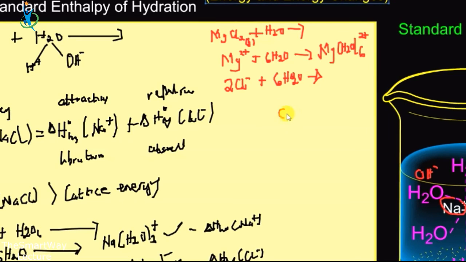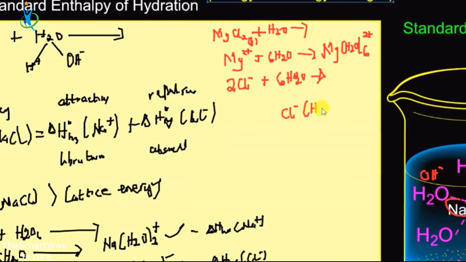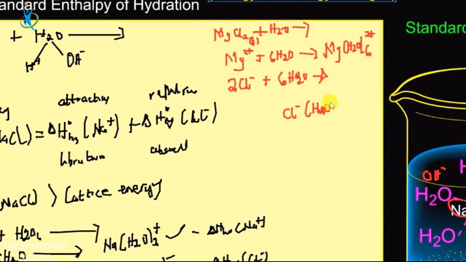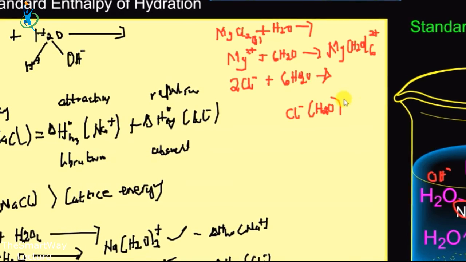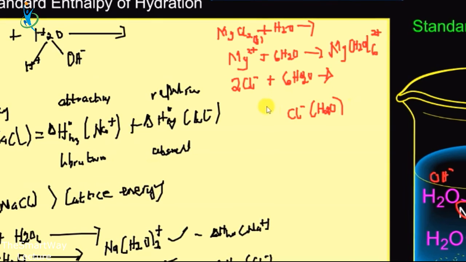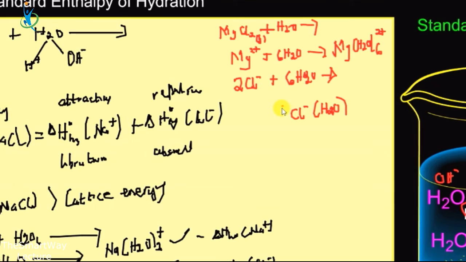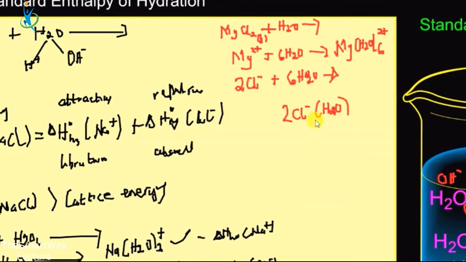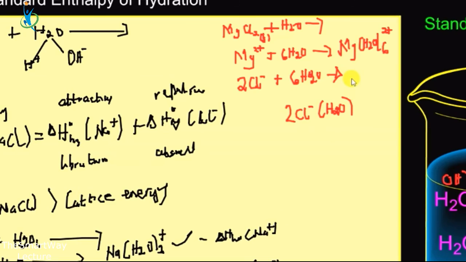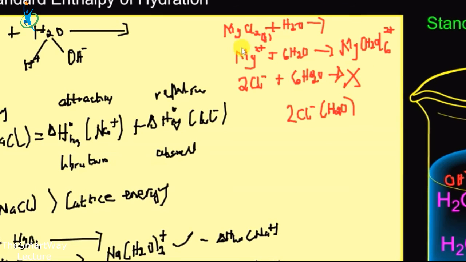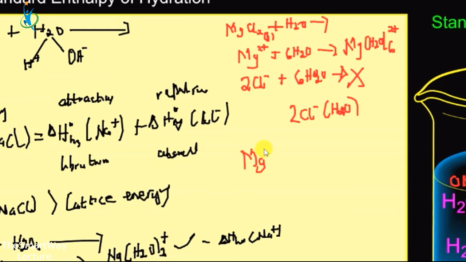Ultimately we are going to get the chloride ion surrounded by water, but this is a repulsion, which causes a decrease in energy. And so here the total charge must still be 2, and of course you balance the equation, so you still put 2 in front of it. But because of this, we stick to only the positive side.